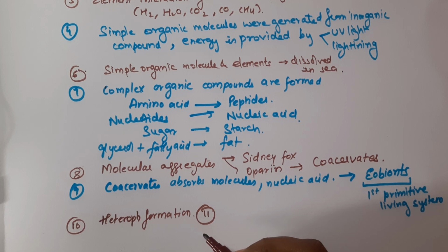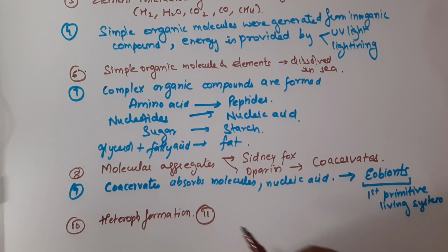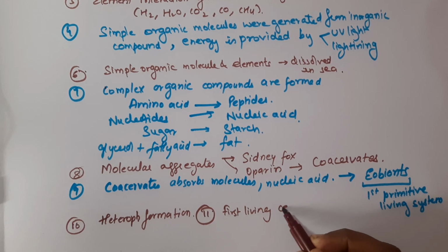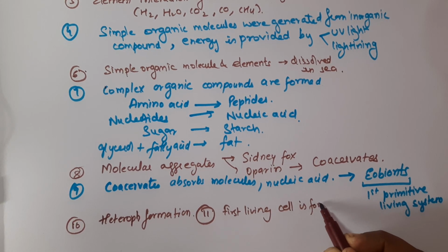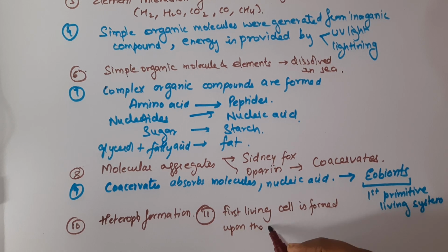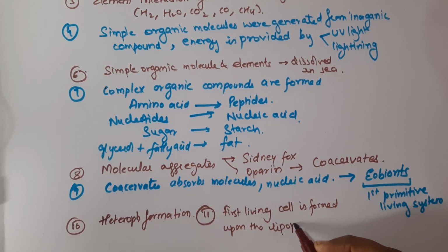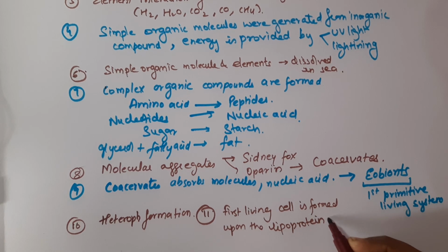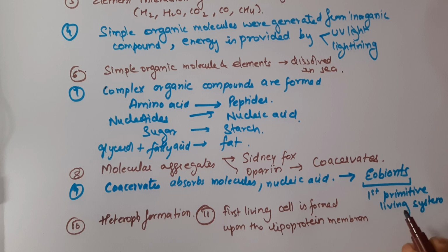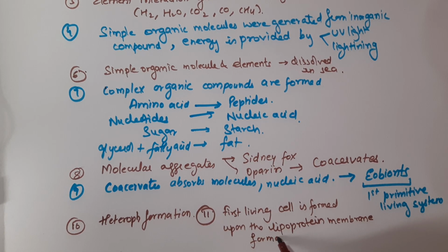Then the lipoprotein membrane was formed around the eubionts to form the first living cell. So the first living cell is formed upon the lipoprotein membrane formation.